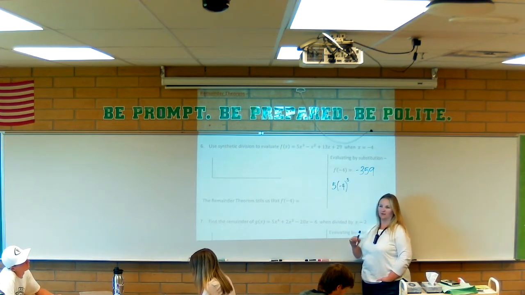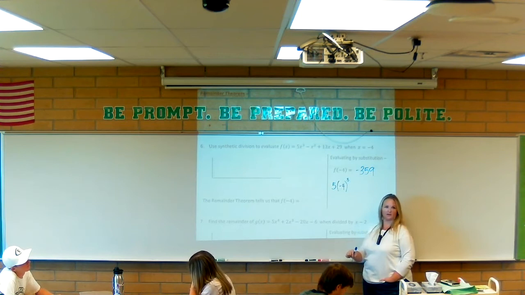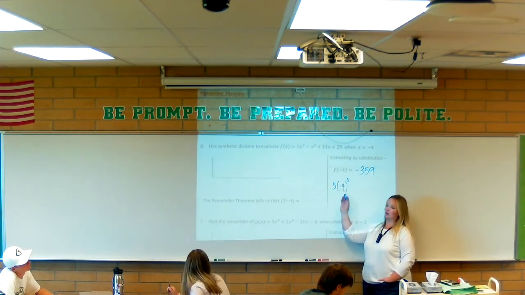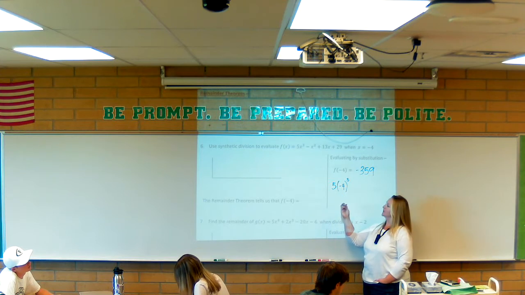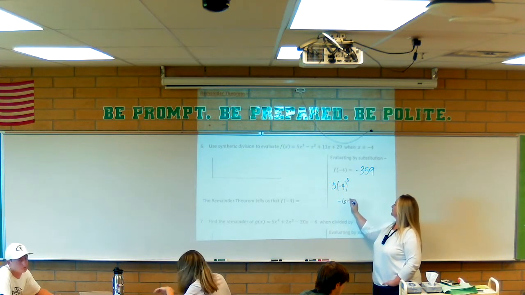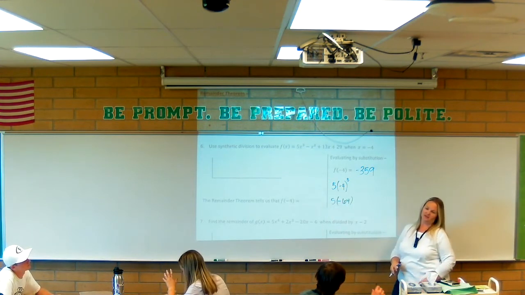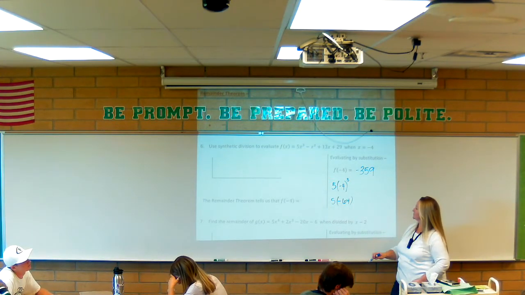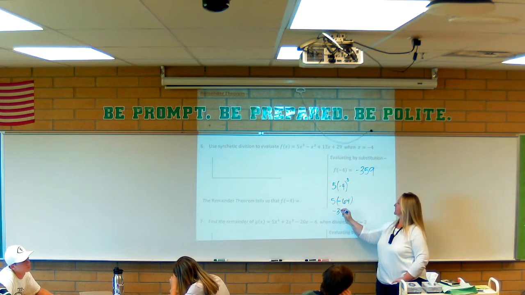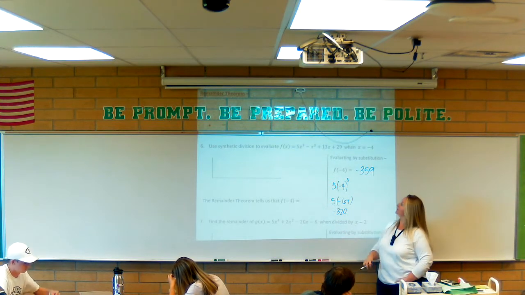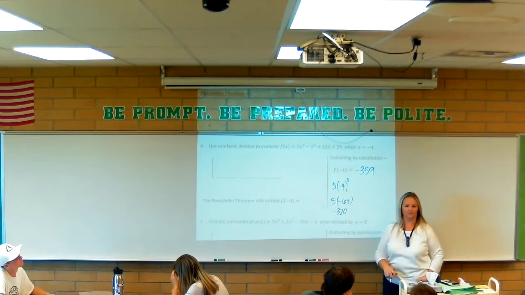Multiply or exponent? Exponent. Good. So what's -4 times -4 times -4? It's -64, which needs to be multiplied by a 5. That's like -320. That's step 1 of the 4 steps you still have left. Good job.